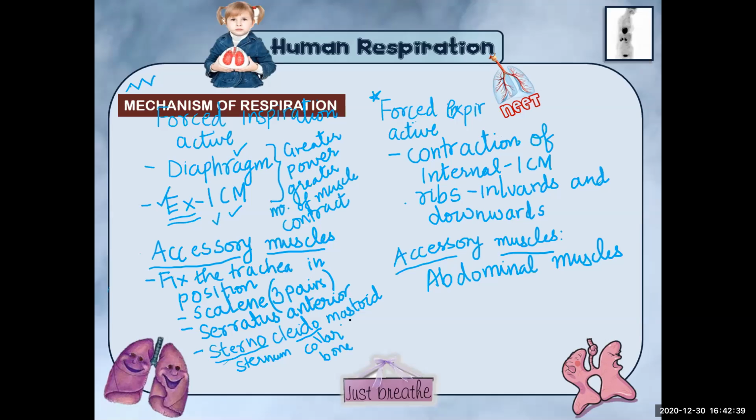And mastoid is a projection of the skull behind the ear. तो ये तीन जगह पे अटैच्ड होता है. इसके लिए इसको बोलते हैं sternocleidomastoid.